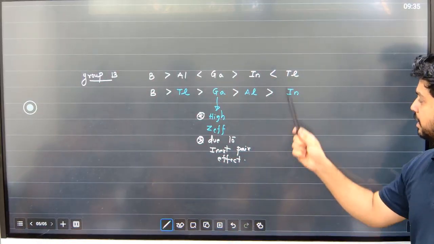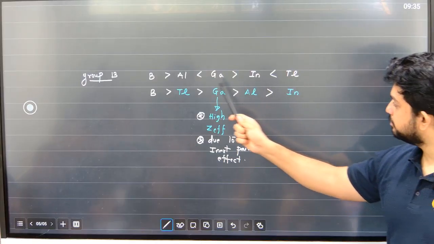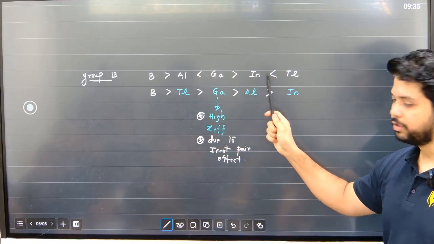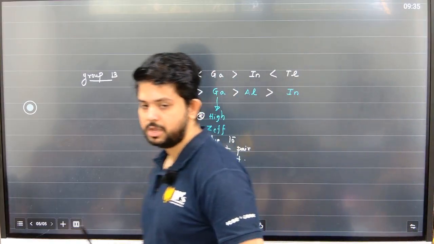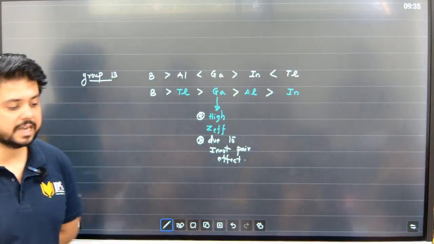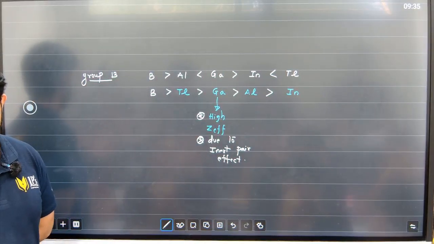Second, exactly the same reason you can write for thallium and for indium. The difference in atomic radius is not much, but the increase in Z effective is very significant.